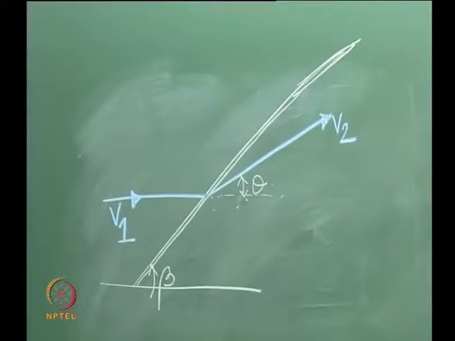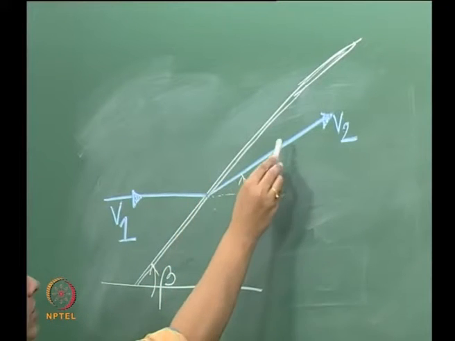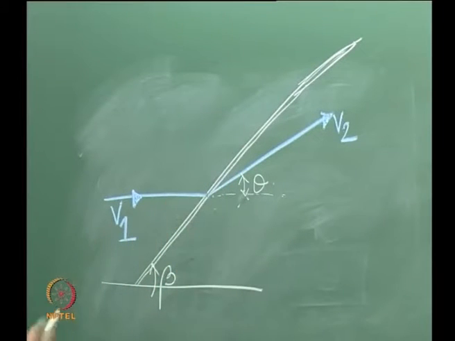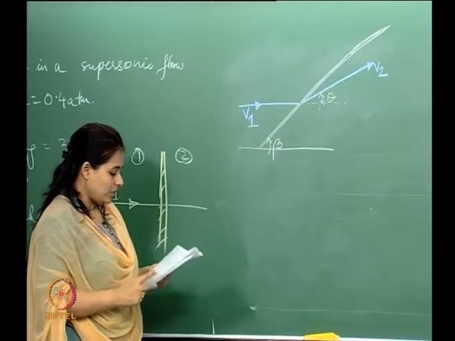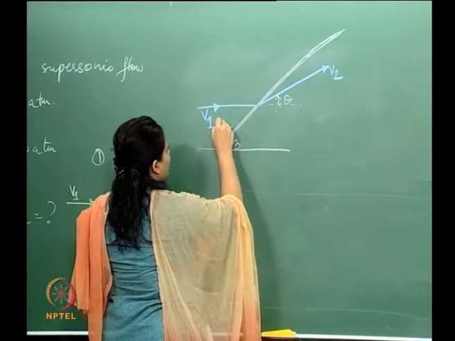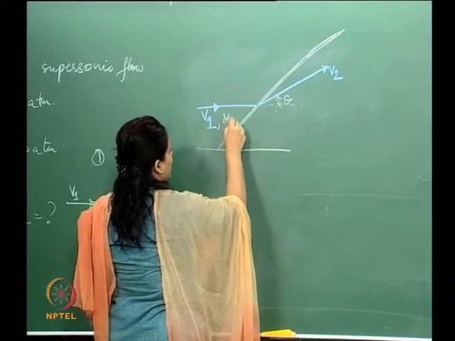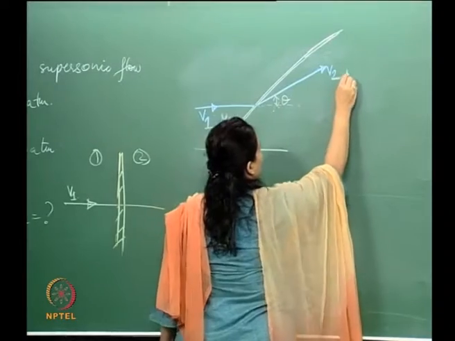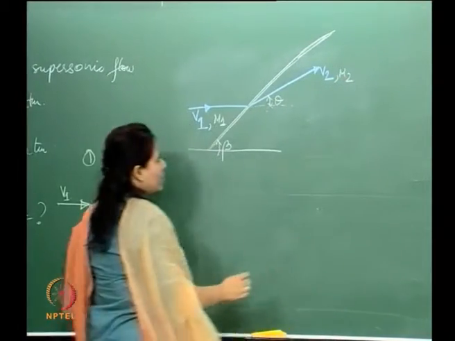Okay, so the angle of the shock is beta, and the angle of the velocity vector behind the shock is theta. Now my corresponding Mach number here is M1 and my corresponding Mach number is M2.